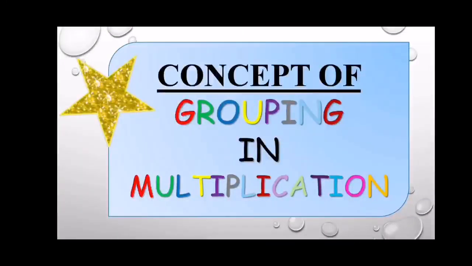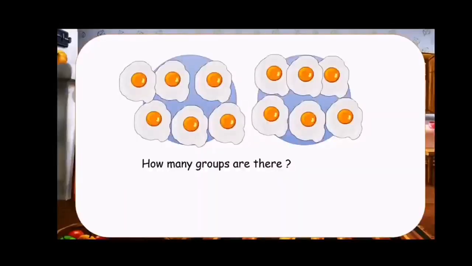Concept of grouping in multiplication. In grouping, we need to find some things about the given picture. For the given picture, there is a question. How many groups are there?